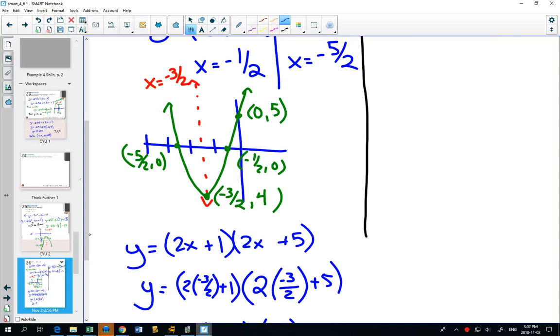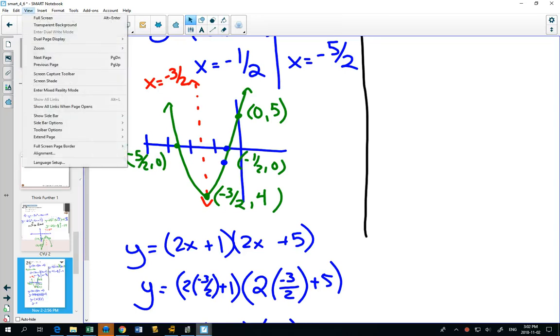So you could already get this point. And then if you went over 1, in this case we need to go up 4, over 1, up 4 would get us right to there, to -1/2, 0. And we get the same points with completing the square.